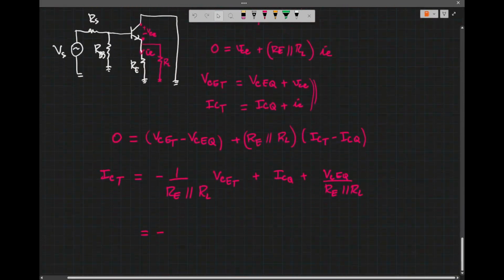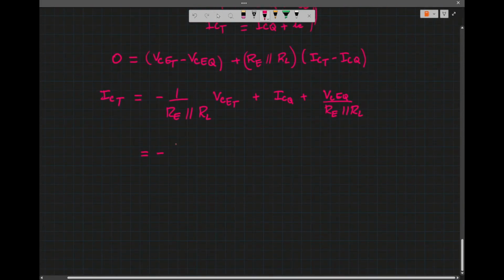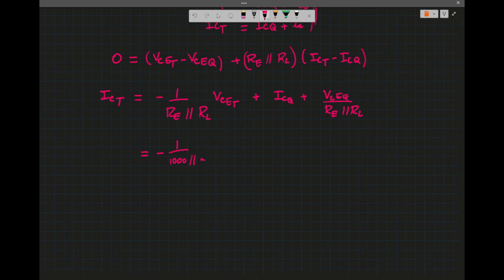So we have minus 1 over 1000 parallel 500, VCE total plus ICQ, which is 0.0046, plus VCEQ, which is 5.3491, divided by 1,000 parallel 500.